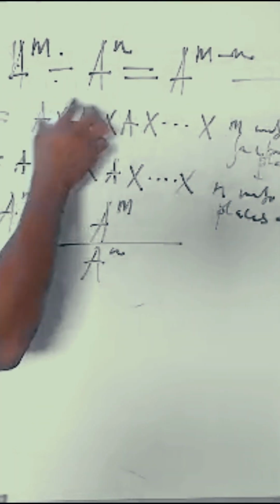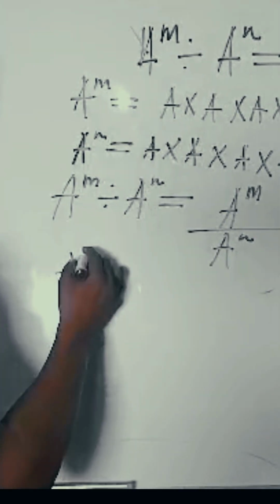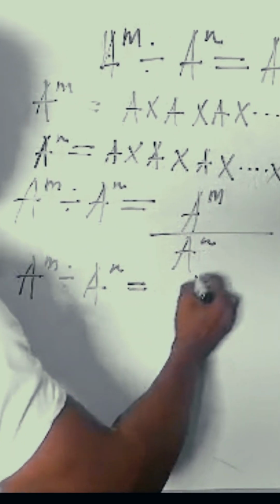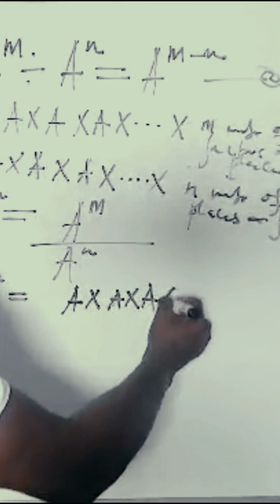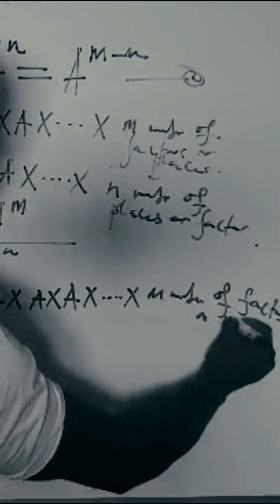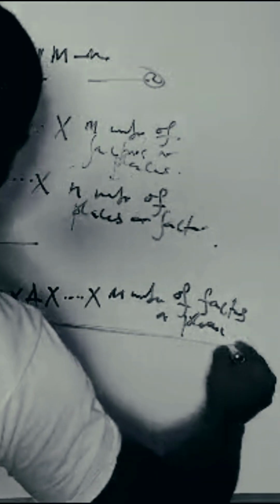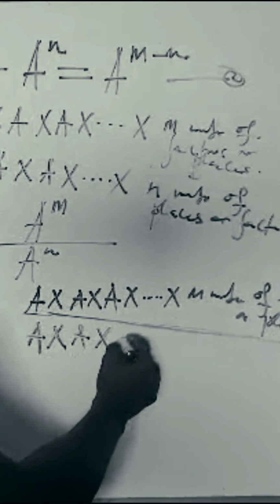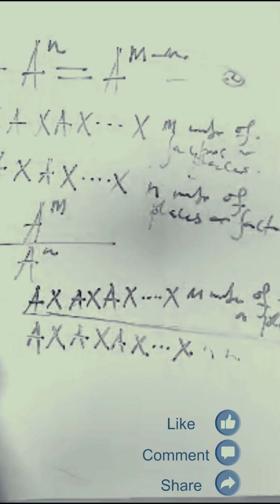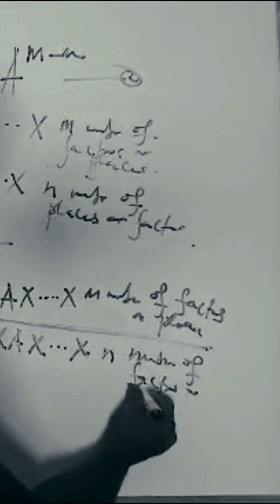So let's substitute in the expression for a raised to the power m and a raised to the power n from this expansion. a raised to the power m is a times a times a and so on, m number of factors or places, all over a raised to the power n, which is a times a times a and so on, n number of factors or places.